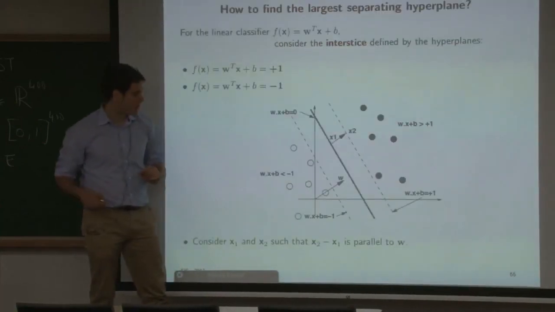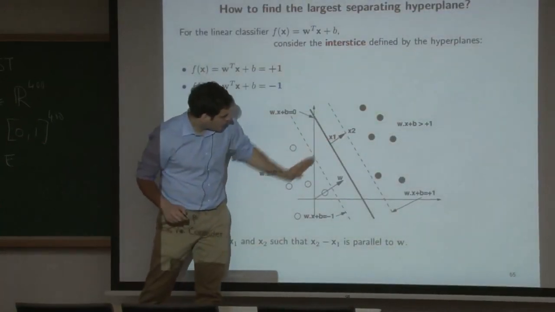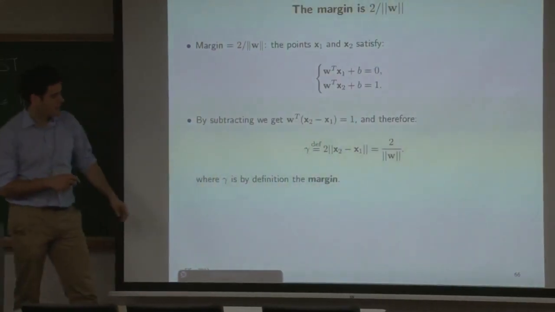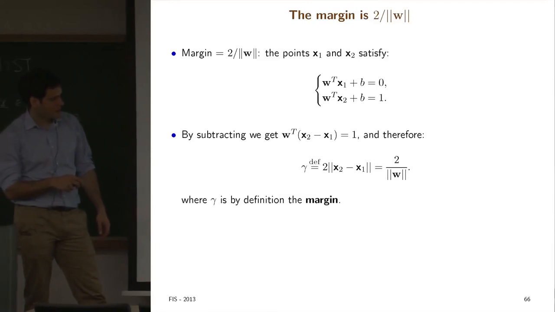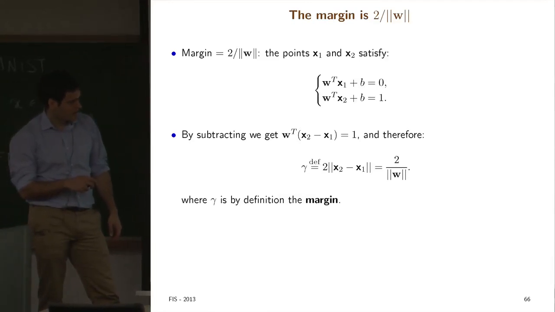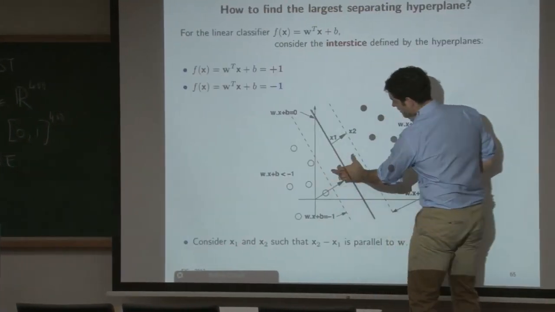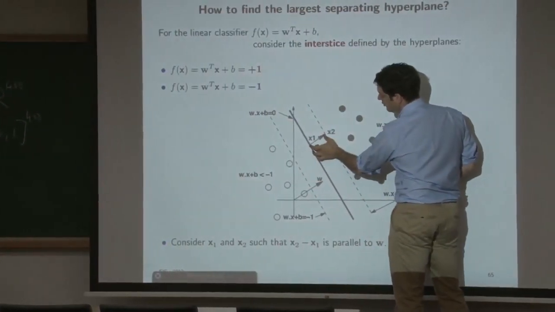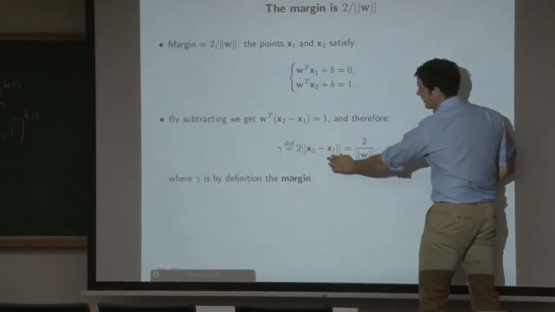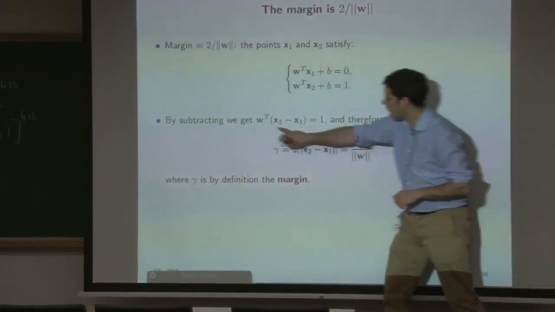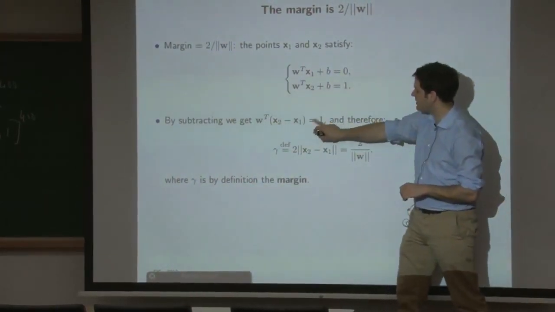Since x1 and x2 are collinear with w, this is equal to the norm of w times the norm of x2 minus x1. And so the tube, twice the norm of x2 minus x1, is equal to 2 divided by the norm of w. Because the norm of w times the norm of x2 minus x1 is equal to 1.